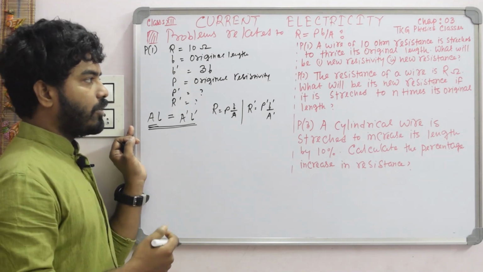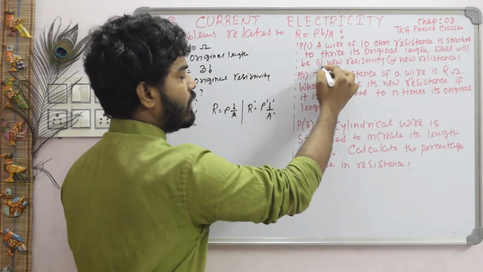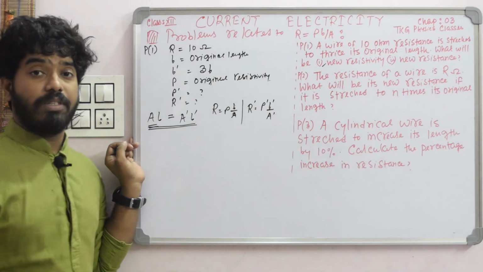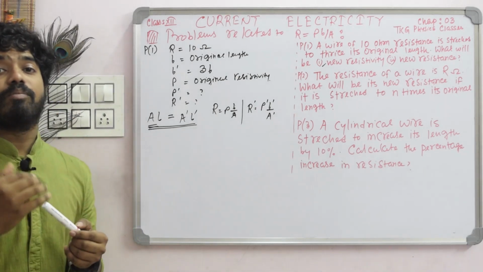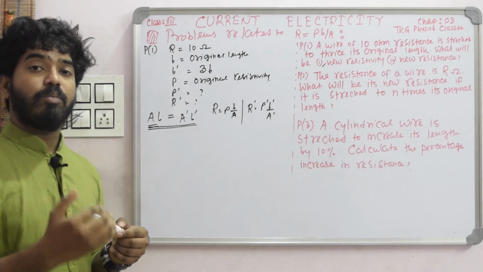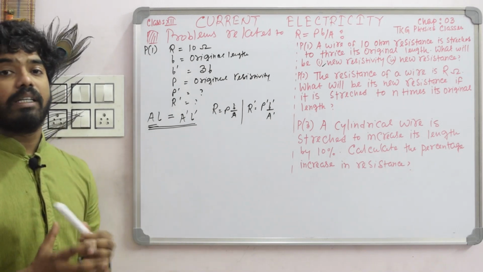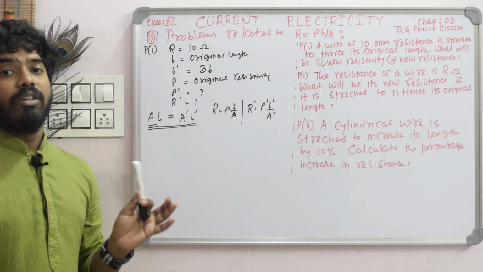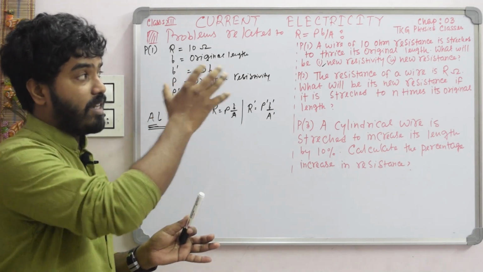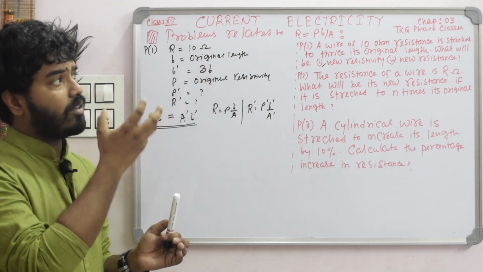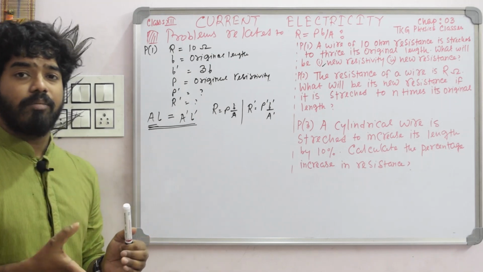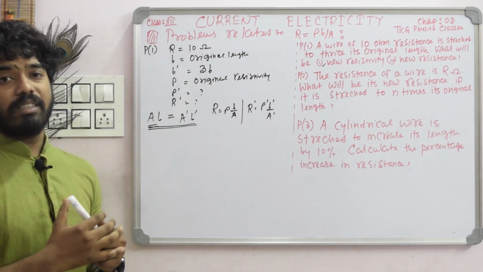According to this problem, the first question is to find the new resistivity. You know resistivity is the property of the conductor, the property of the wire. It doesn't depend on the dimension of the conductor or wire. So we can say the material is the same. Here the wire of 10 ohm resistor is the same wire, so resistivity remains the same.